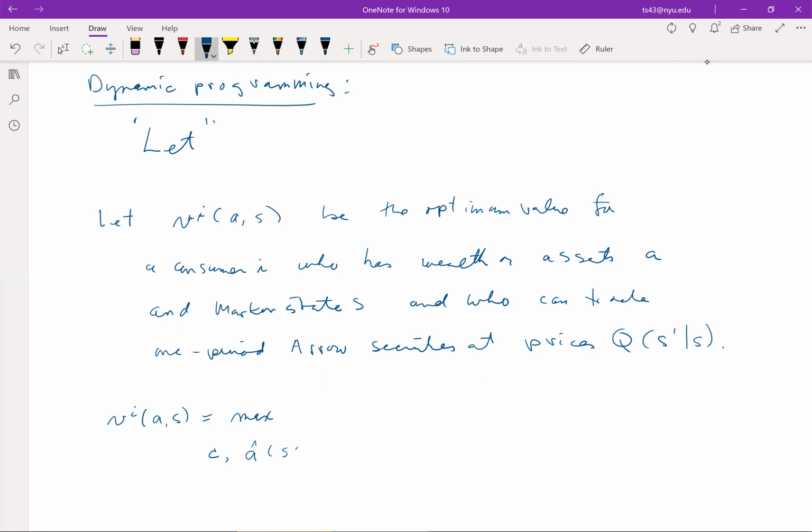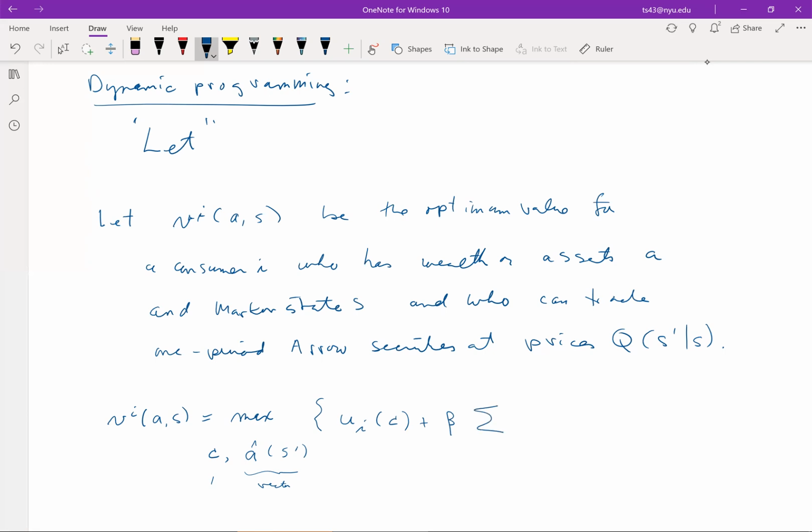Prime means next period value. So this is a vector. This is a vector. That's a scalar. U I, because it might be my own utility function of C. That's my consumption today, plus beta.